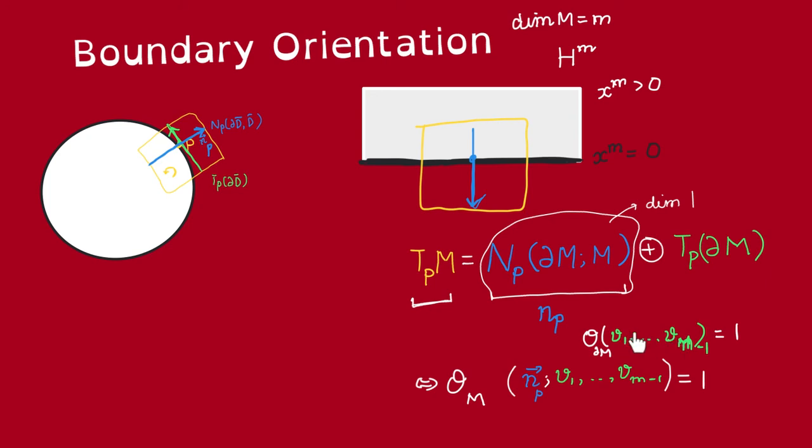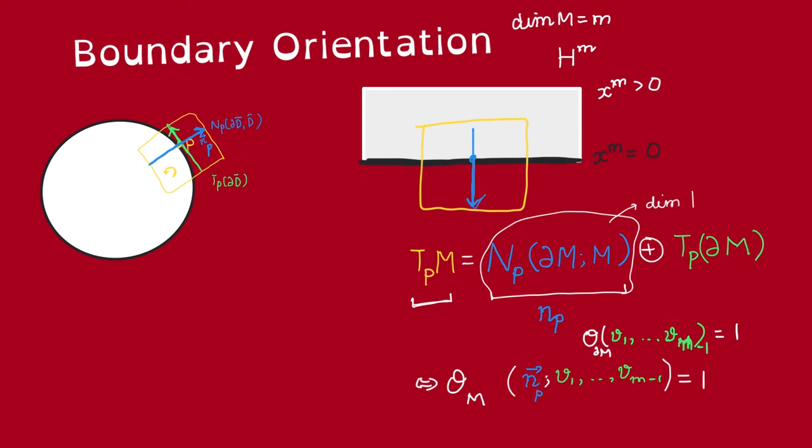An ordered basis of the boundary has orientation number 1 if and only if the ordered basis obtained from it by adjoining this N_P to the beginning, viewed as a basis of M, has orientation number 1. Put slightly differently, this ordered basis represents an orientation on the boundary if and only if this induced ordered basis on M represents the given orientation on M. Alright, so that's the definition of the boundary orientation.